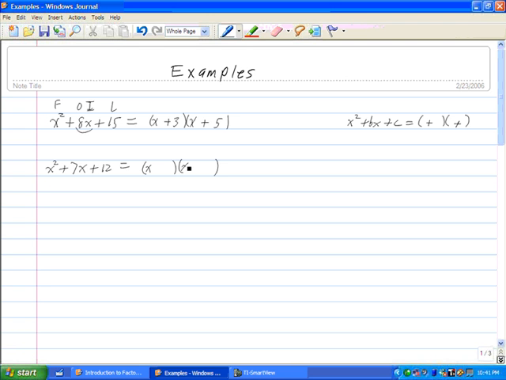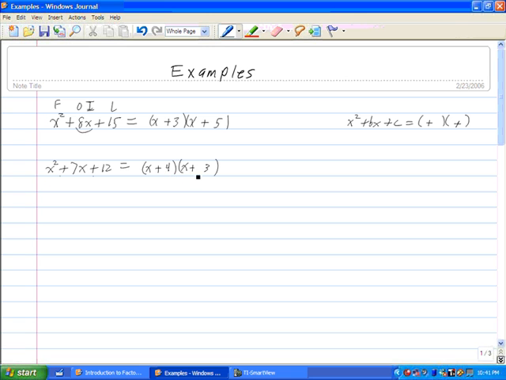Now let's go ahead and take care of our signs. Plus can only be plus. The 12 could be 1 and 12, 2 and 6, 4 and 3. What's the most reasonable guess? Well, since 4 and 3 add to be 7, that's a very reasonable guess.